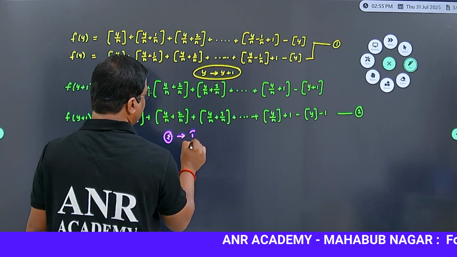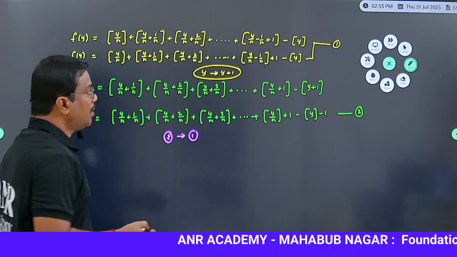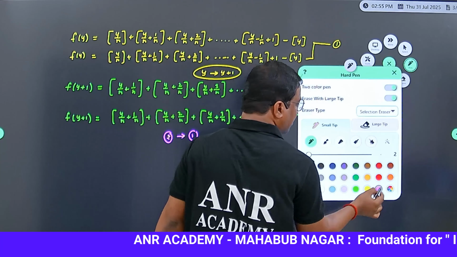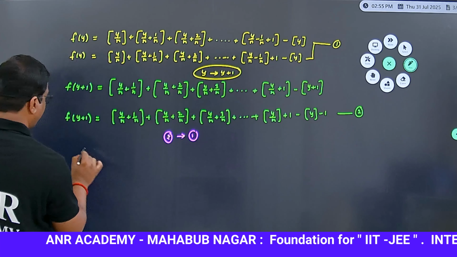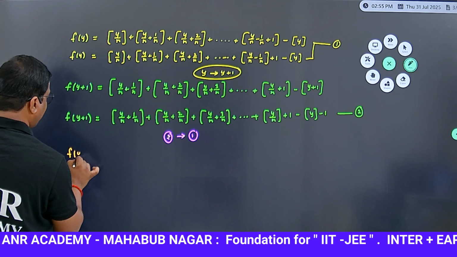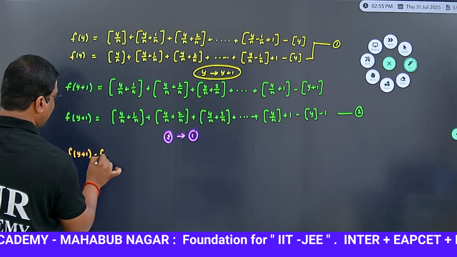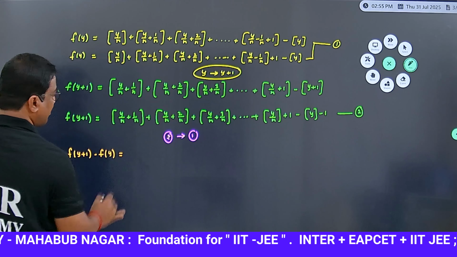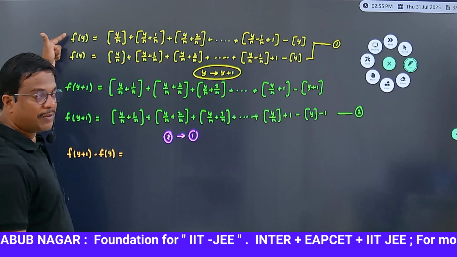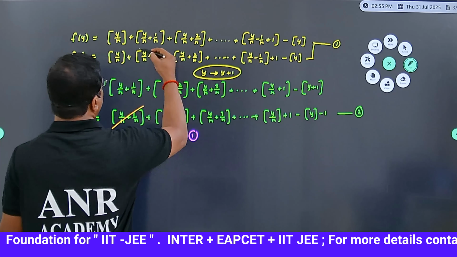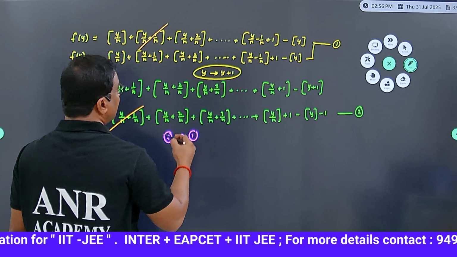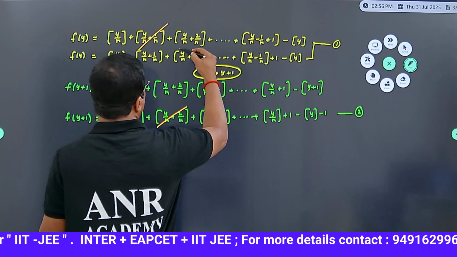What happens? Observe. If you do 2 minus 1, second one f of y plus 1, from that we are going to remove f of y. From the second result we are going to remove the first result, so that these two terms get cancelled. Next, these two get cancelled.